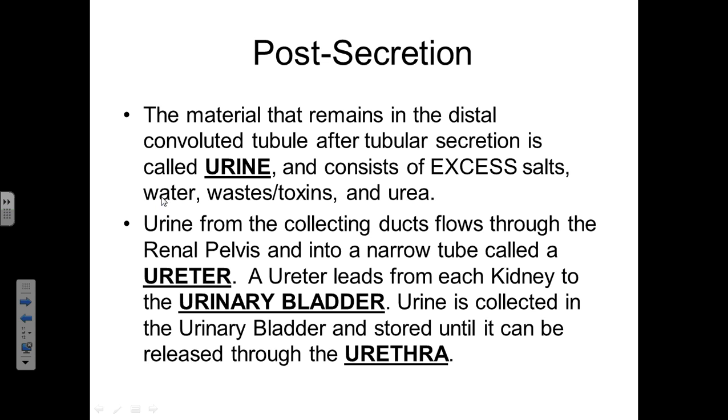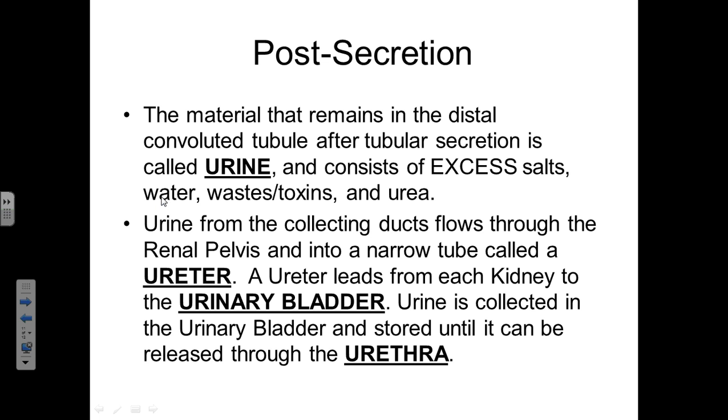So after all that's done, after those 3 steps, which again are filtration, what's step 2? Tubular reabsorption and tubular secretion, we get what's called post-secretion. The stuff that's still in the tube, in that distal part of the tube, it's now called urine.